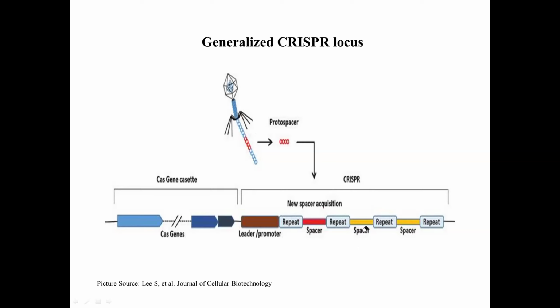So every time the same type of phage infection happens again, that bacteria will be able to defend itself. This is passed from generation to generation as bacteria divide. So this is how it acts as an immune defense system.